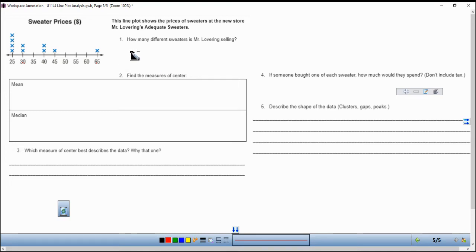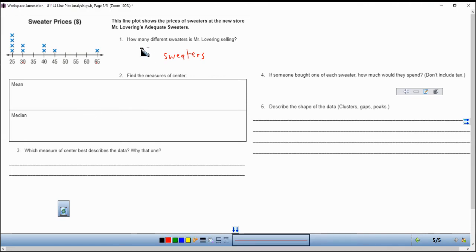So how many different sweaters am I selling? I'm selling 5 sweaters. One for $25, one for 30, one for 40, one for 45, and one for 65. So let's find the mean then. The mean cost of these sweaters. Actually, you know what? I'm selling 11 sweaters.